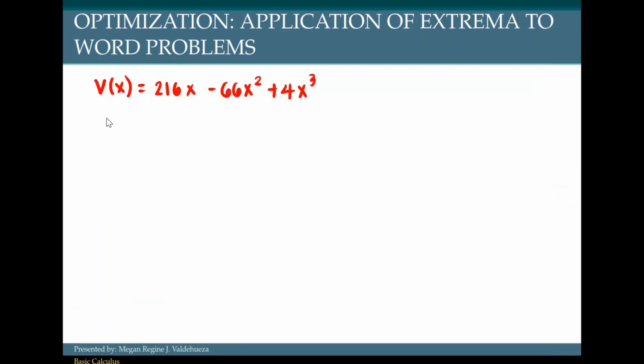So we have it here. Next step is to get the derivative of the function. The derivative of 216x is 216, minus 66 times 2, that is 132x to the power 1 minus 1, plus 4 times 3 is 12x squared.